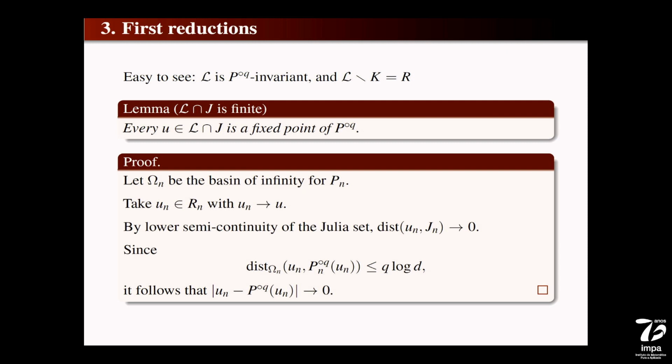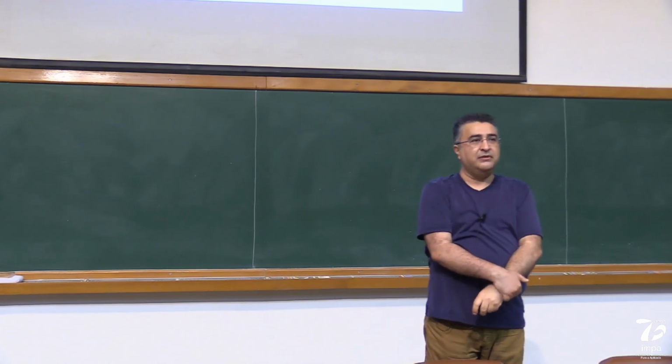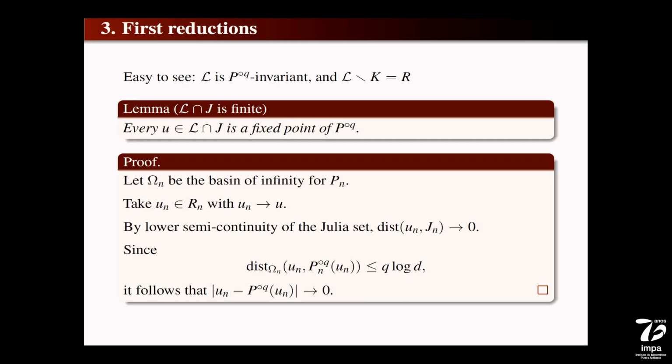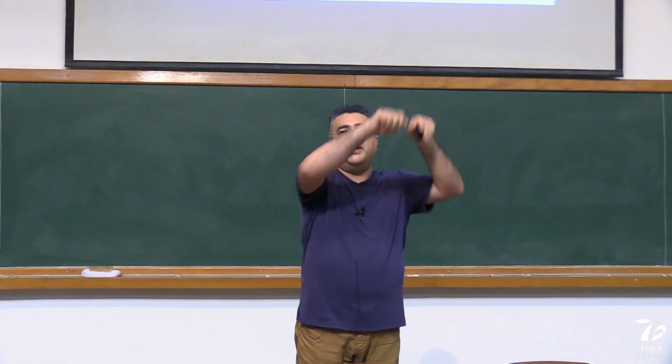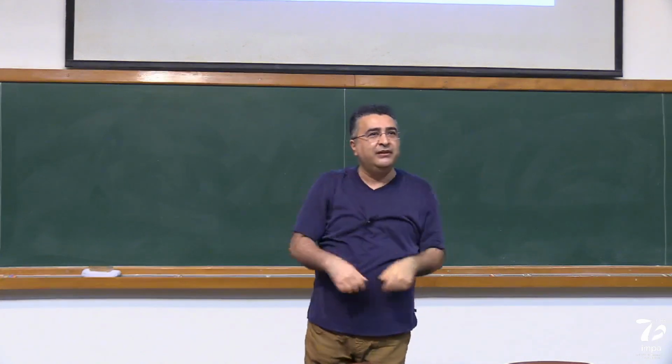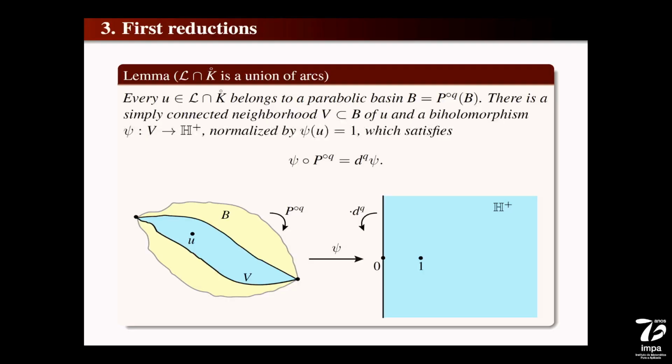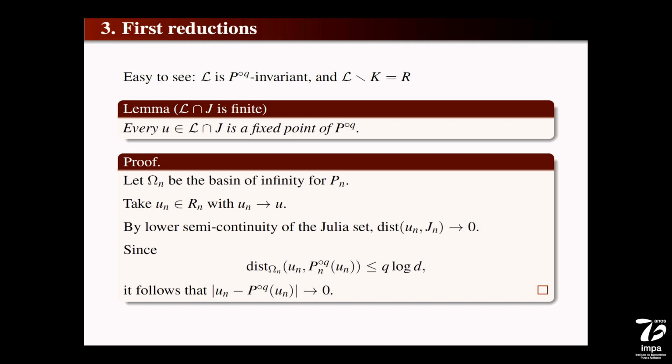Now, the hyperbolic distance in the nth basin between un and its qth iterate is uniformly bounded, because you're on a ray, you're just applying the map q times. So there is a uniform bound for this hyperbolic distance. These two points have bounded hyperbolic distance, and one of them goes to the boundary, so the Euclidean distance should go to 0.